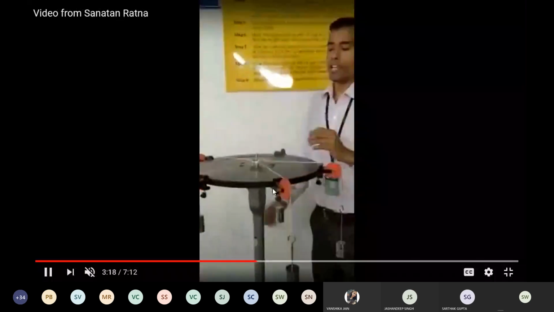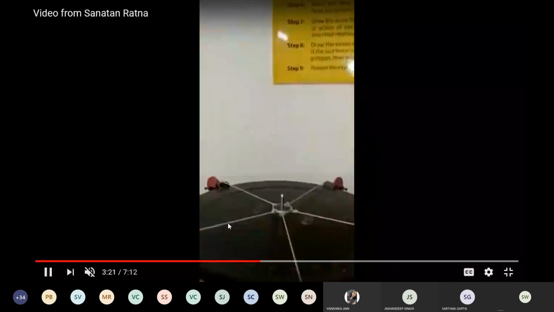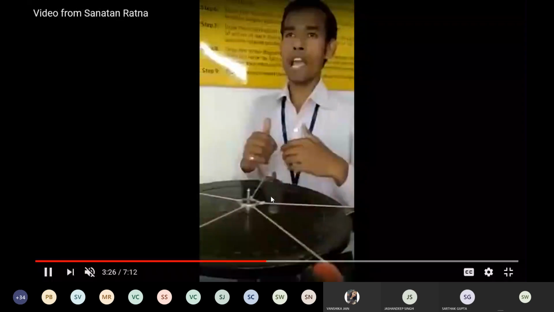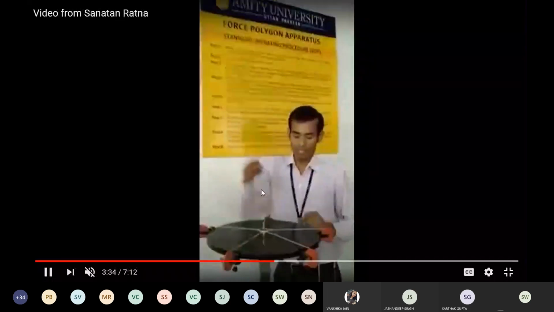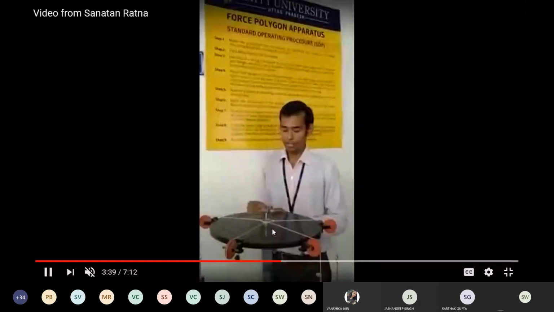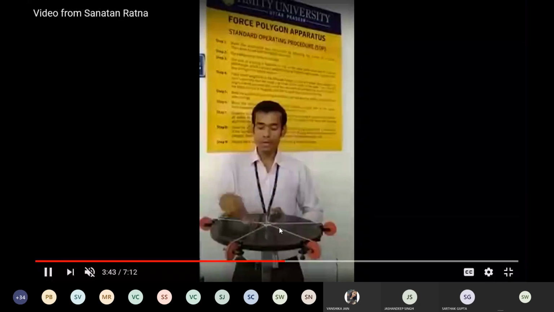For the weights which we are putting here, you can see the threads, five threads are there. You can count 1, 2, 3, 4, 5. Simply five threads are there. So we are taking each thread as A, B, C, and D, and the last thread we will take as the return part that we have to calculate. So the angle between A and B, let us say this is A, this is B, will be theta 1 between these two threads.